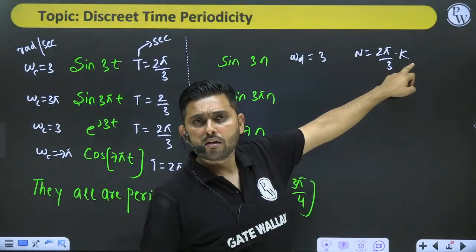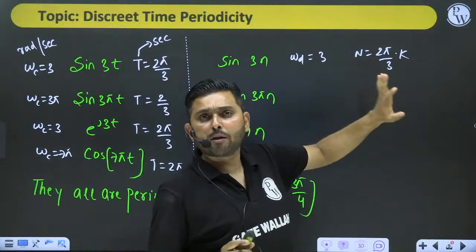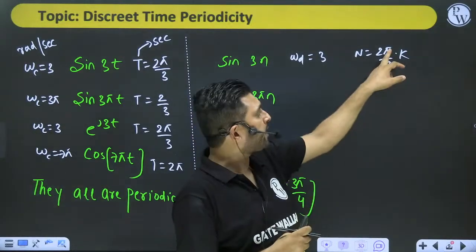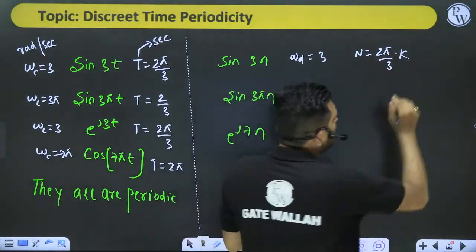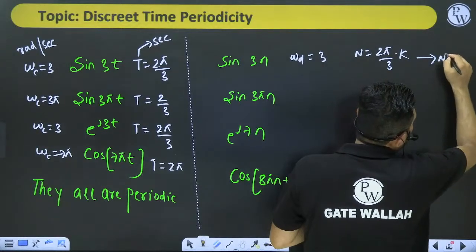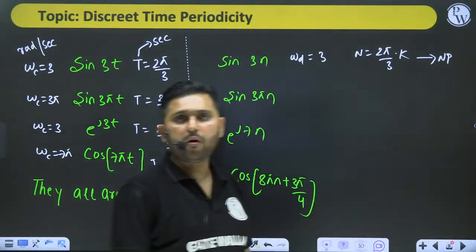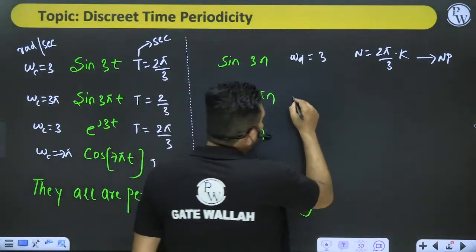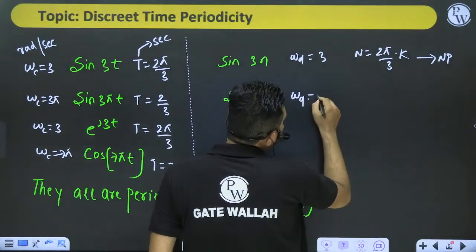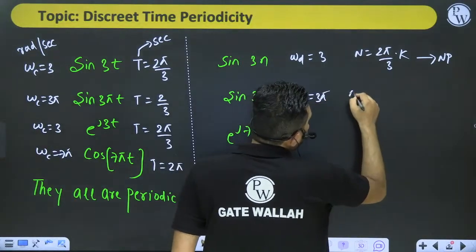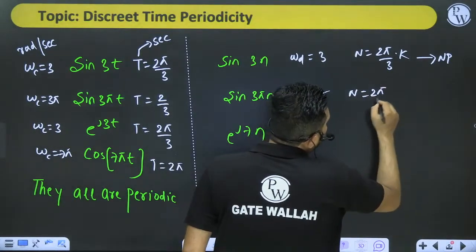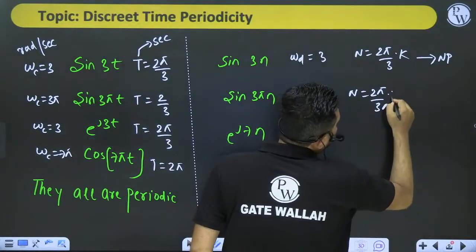Yes or no? Integer values of k I am allowed to choose, and there is no such integer which will cancel this pi. This means that it is non-periodic.